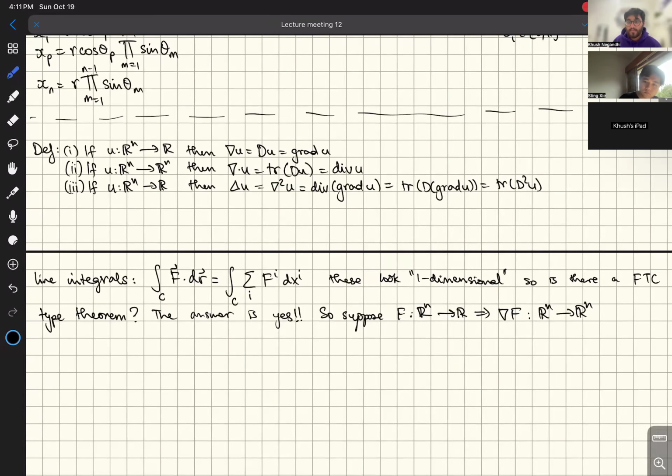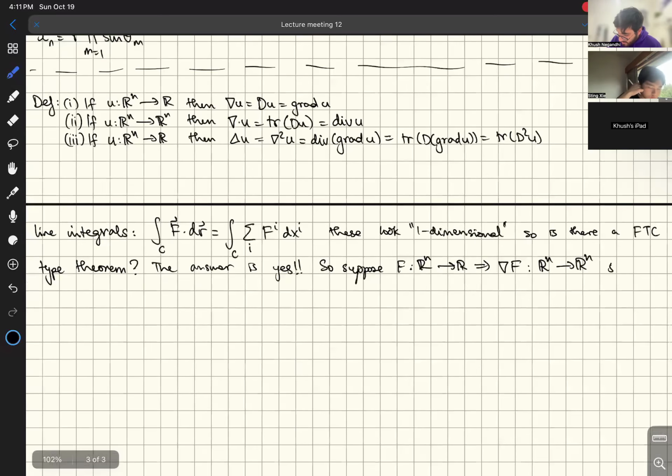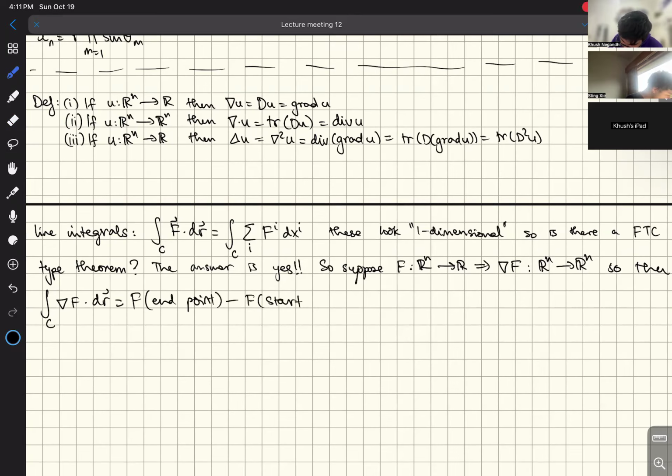Then the integral over c of the gradient of f is nothing but the function at the endpoint minus the function at the start point.